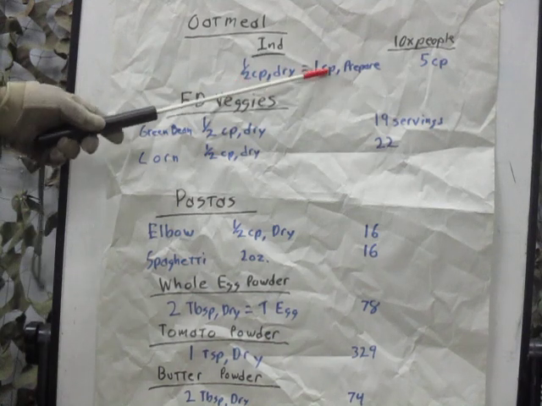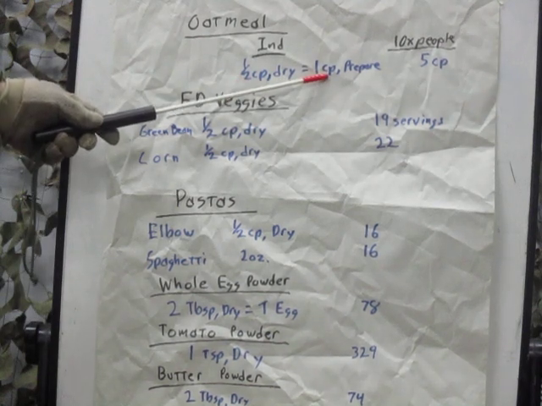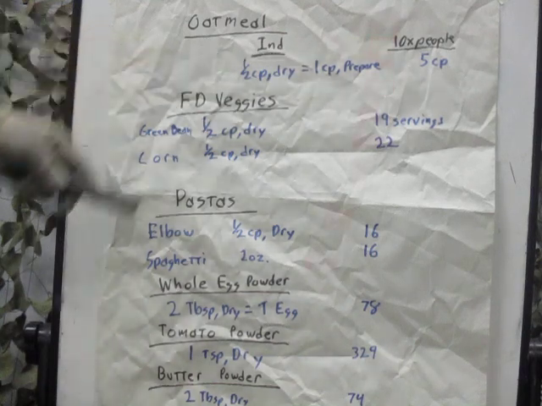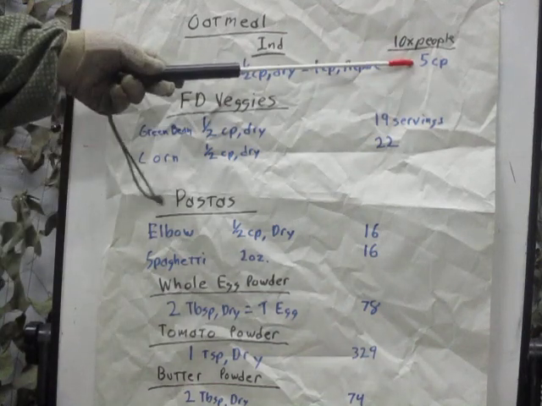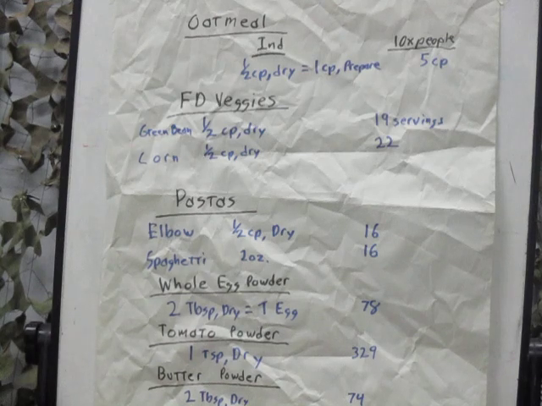Add water, and it comes out to about 1 cup prepared. So for 10 people for 1 meal, about 5 cups of dried oatmeal. And that comes out to about 1 canister per 10 people.